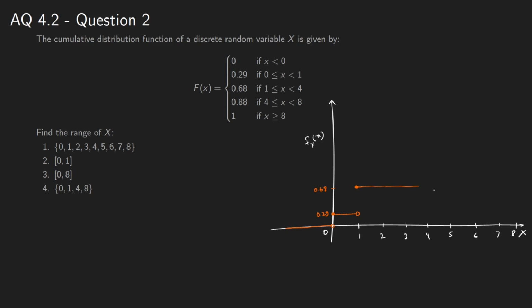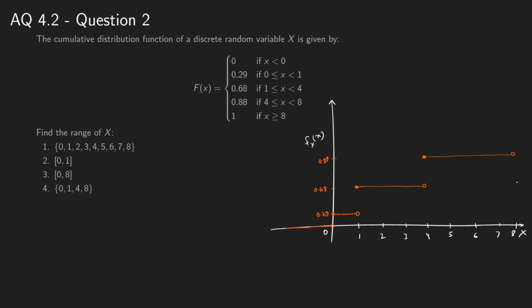But exactly at 4, it does not take the value 0.68. There is another curve that starts from here. At 4, we see that it has become 0.88. And from 4 to 8, before 8 it is 0.88.